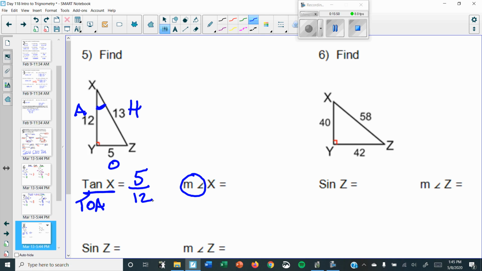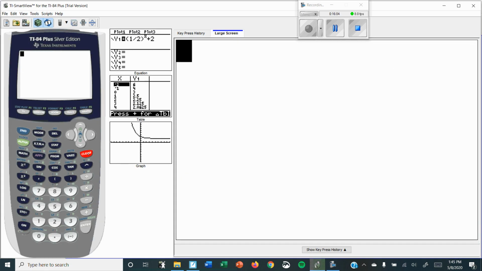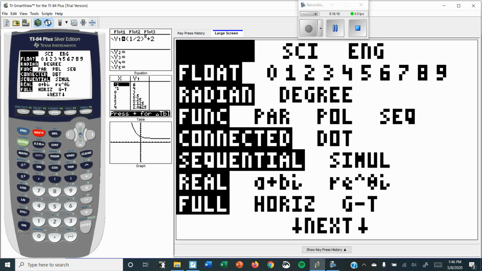Now we need to actually find out, hey, what is the angle? What is angle X? Like, how big is it? Is it 4 degrees, 8 degrees, 90 degrees, 70 degrees? So here's where you need to now make sure your calculator is set right. Before you do any trigonometric questions, you have to go to mode, and you got to go down to where it says radian.